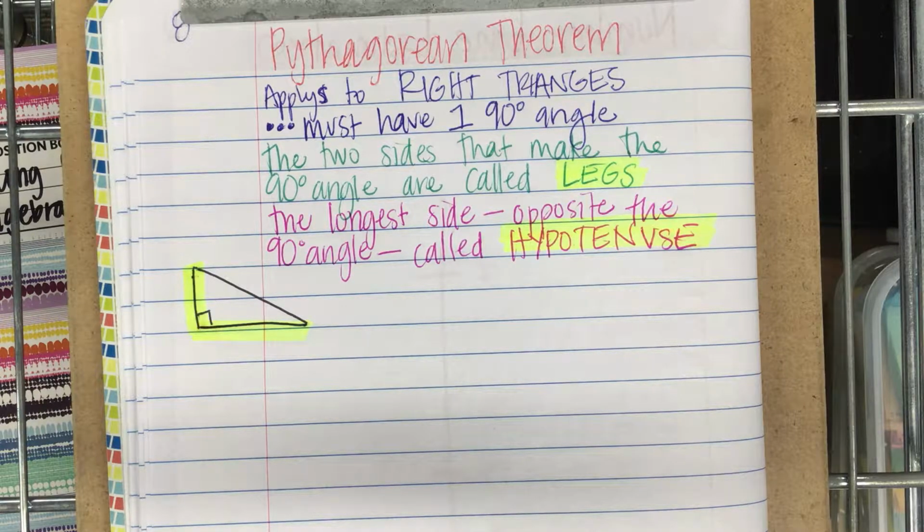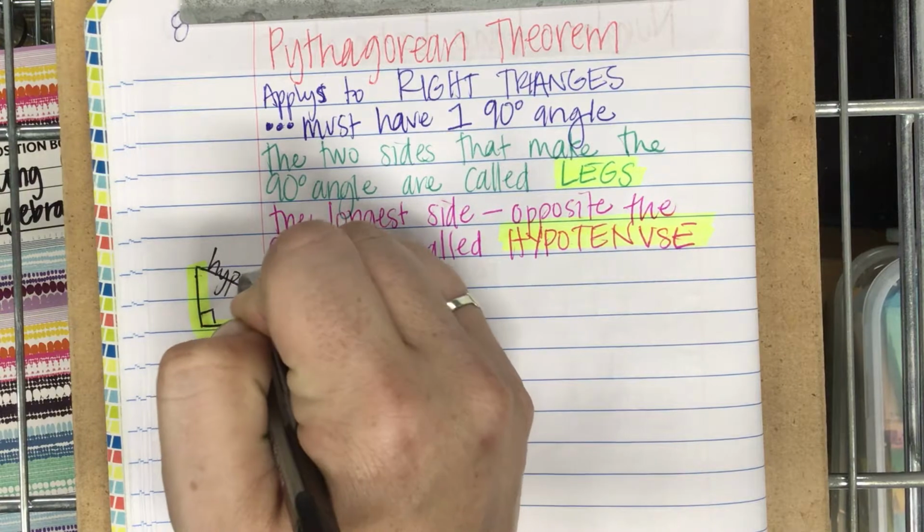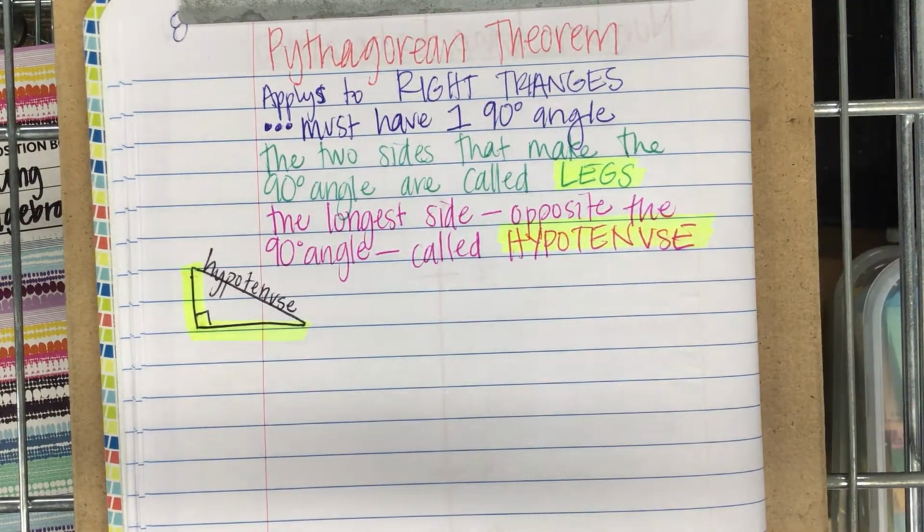Those are the legs. They make an L. This one right here is the hypotenuse. We are identifying the legs and the hypotenuse of a right triangle.